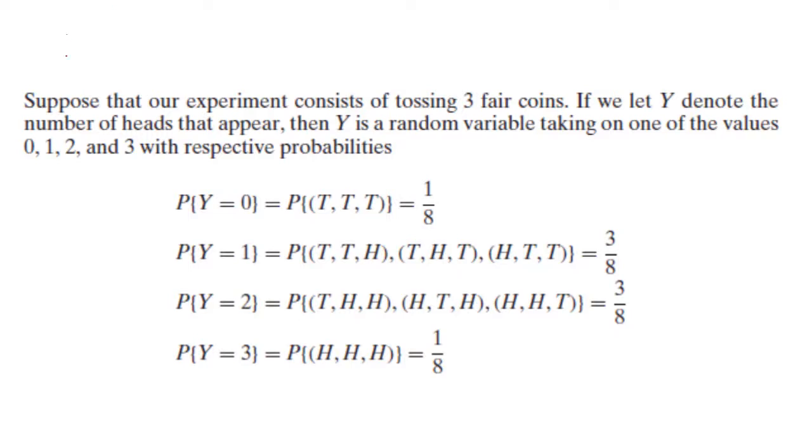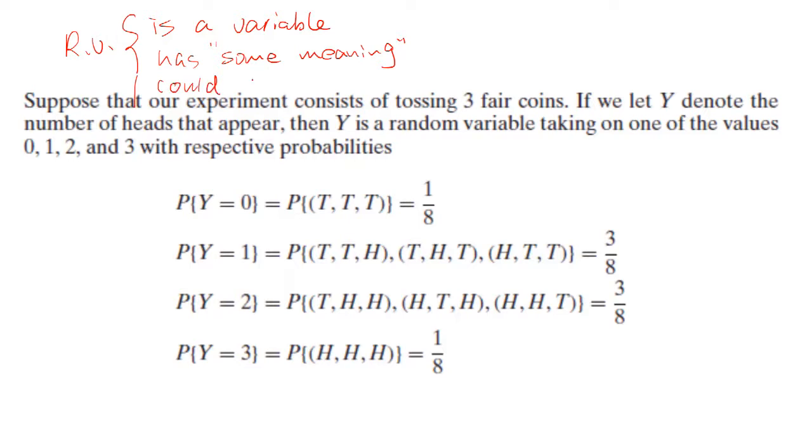Okay, so basically, an RV is a variable that has some meaning, and could have different values with respective probabilities.